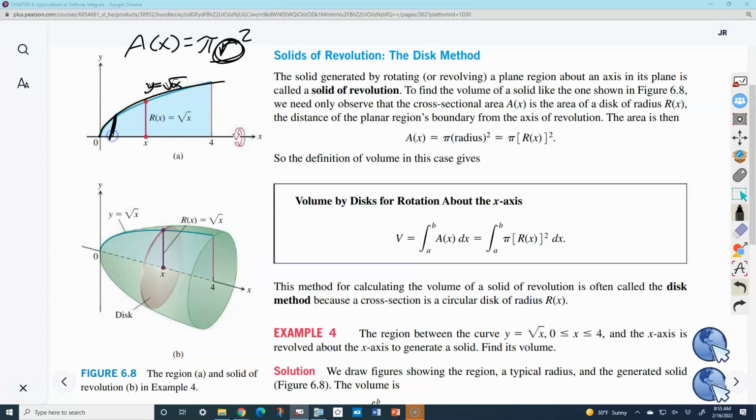The distance from the x-axis, which is the center of rotation, changes, and it's the y-coordinate of this curve, given by a function of x. It's the square root of x. So the radius of that circle is the square root of x.